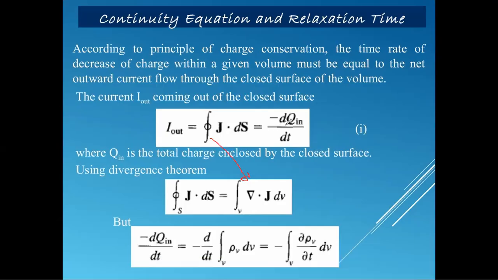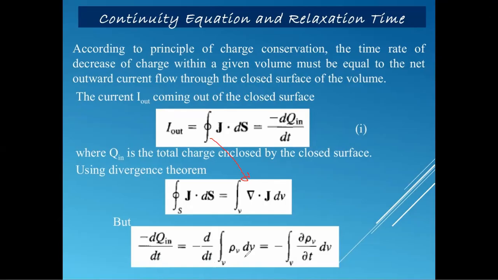Now you see, if rho v is the volume charge density, then q is equal to the integral of rho v dv. Yes or no? Yes. So instead of q, I am writing rho v dv. So see here very carefully, dq in by dt is minus d by dt of the volume integral of rho v dv.